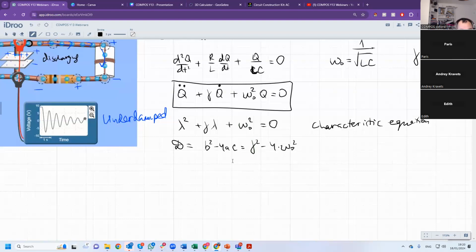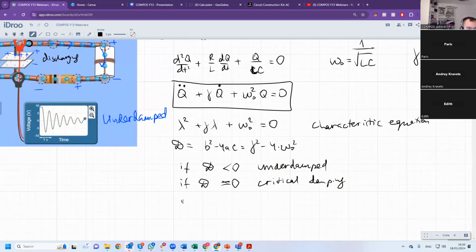Now, if the discriminant is less than 0, it's underdamped. If the discriminant is equal to 0, that's critical damping. And if the discriminant is greater than 0, that's overdamped.